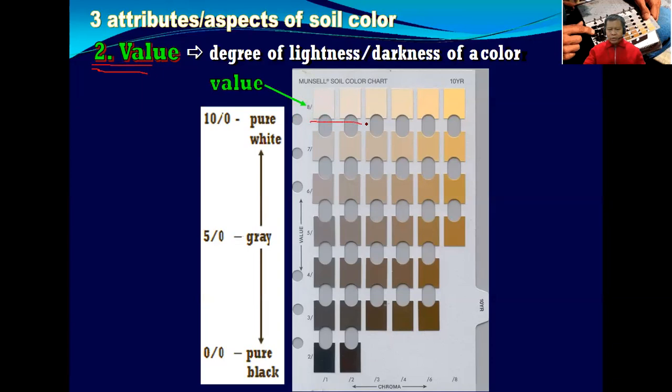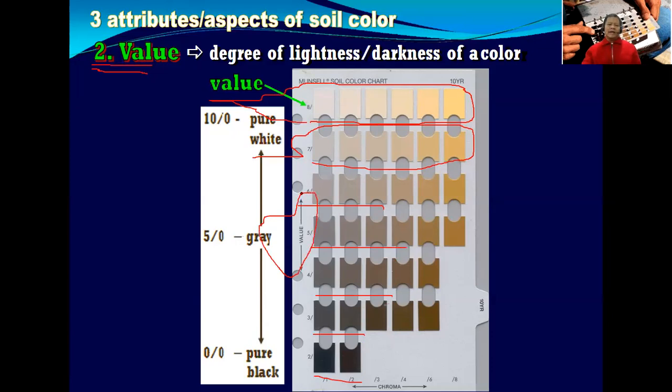Itong row na ito, this row of colors, ang value niya is 8. Okay? Itong mga kulay naman dito, so sa susunod na row, ang value niya is 7. And so on, dito 6, dito 5, 4, 3, and 2. So take note that the value is on this side, on the left side.